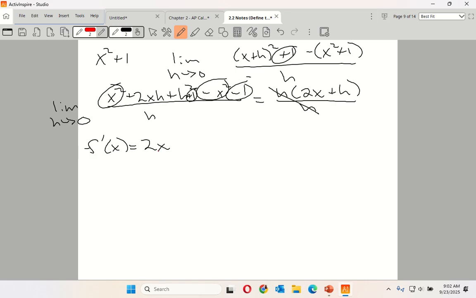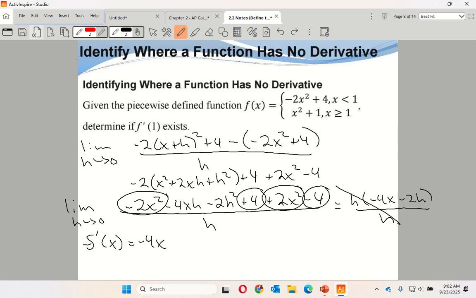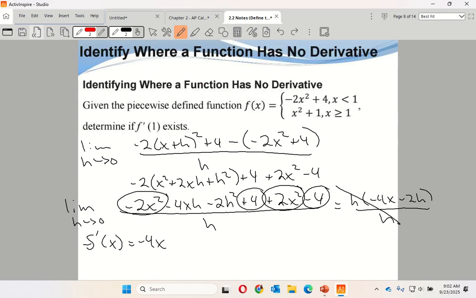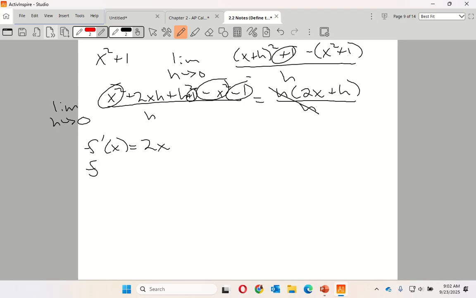Now going to the words of what it said: determine if f prime of 1 exists. So the other one was negative 4x? If I plug in both of them, I'm going to get a slope. So f prime of, was it negative 1 or 1? Positive 1. Okay. F prime of positive 1 for this one here is going to give me a negative 4.